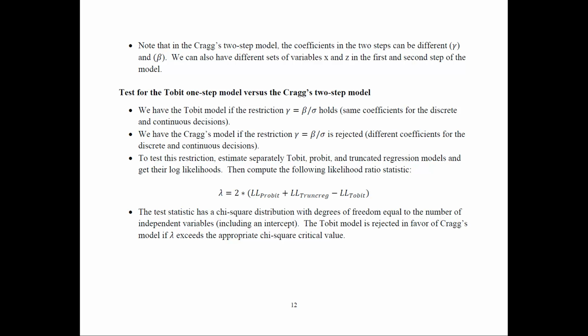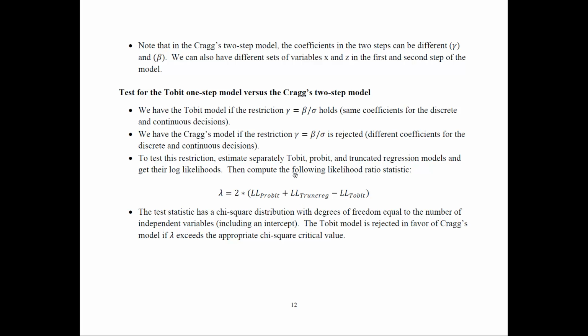So let's go ahead and now talk about the test for the Tobit one-step model versus Craig's two-step model. Here we would have the Tobit model if the restriction gamma equals beta divided by sigma holds. So we have the same coefficients in the discrete and the continuous decisions. And we would have Craig's model if this restriction is rejected. To test this restriction, we would estimate separately the Tobit, Probit, and the truncated regression model.